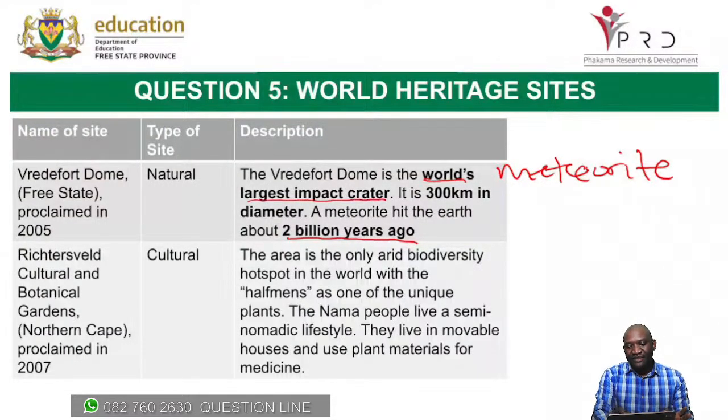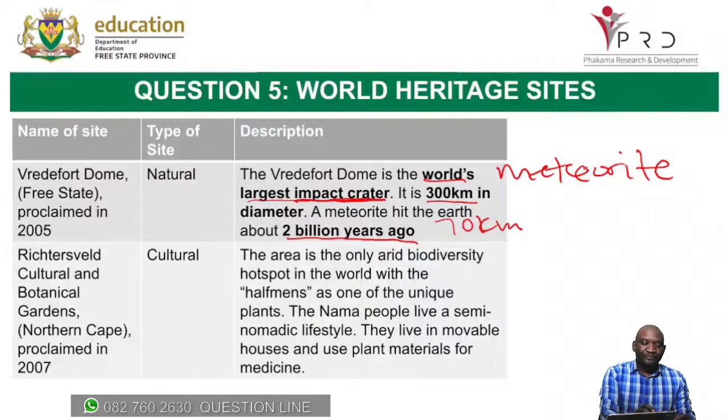It was 300 kilometers wide, but most of it eroded, and mountains are left which are around 70 kilometers wide. So it's a meteorite that had an impact against the Earth almost 2 billion years ago, and then it formed a crater. So there's nothing like this in the world, and it is found here in South Africa and in the Free State, which is on the border of the Free State and the Northwest.